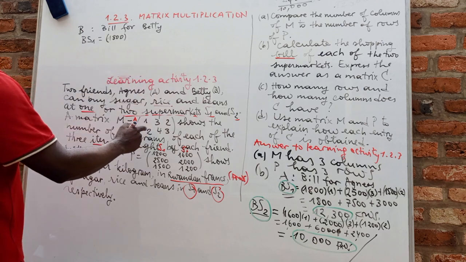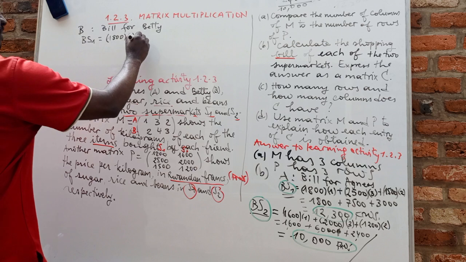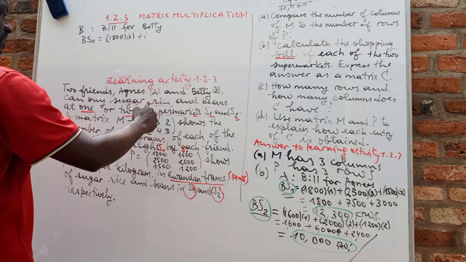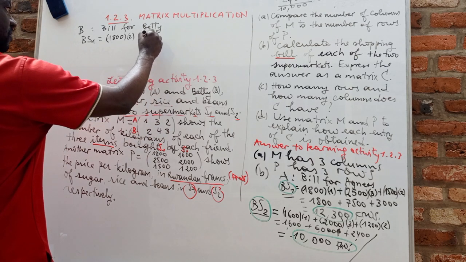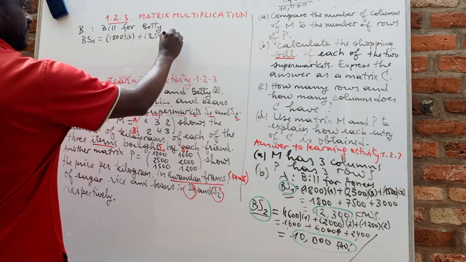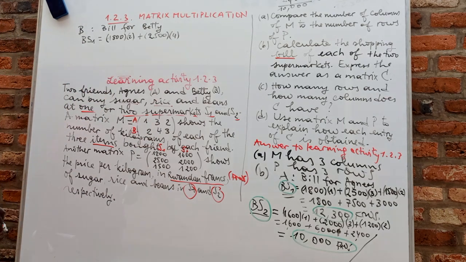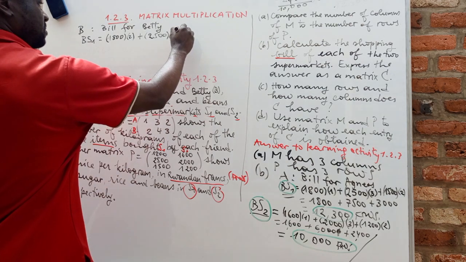This one bought 2 kilos. The price for rice is 2,500, times the number of kilos that Betty has to buy.